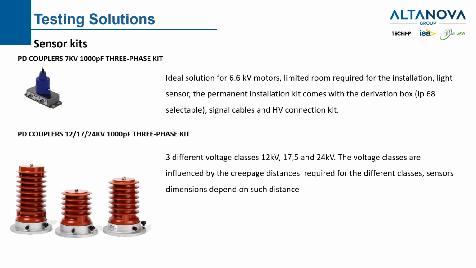The same kind of sensor, but for a different application, is the PD coupler family for generators. Following the IEC specs, we have identified 3 voltage levels: 12, 17, and 24. They are all characterized by 1 nanofarad capacitance as well as the 7 kV sensor.